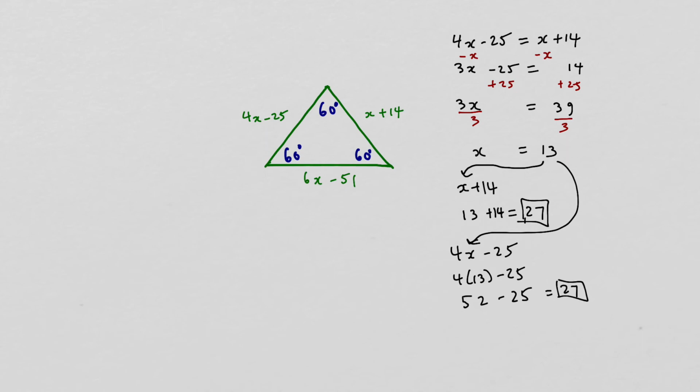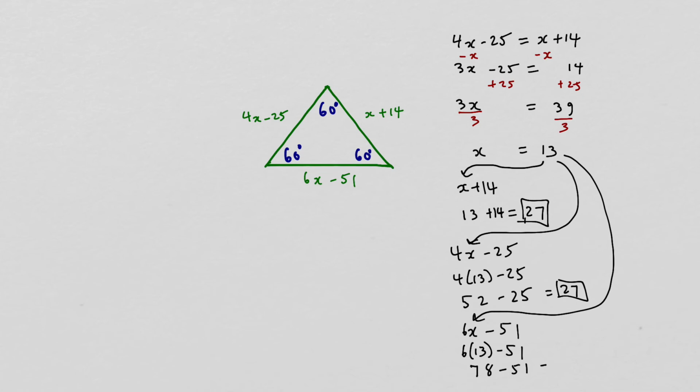And then lastly, we're going to plug the x into 6x minus 51. We plug the 13 in for x, and we get 6 times 13 minus 51. 6 times 13 is 78, minus 51 is equal to 27. So as you can see, all three sides work out.